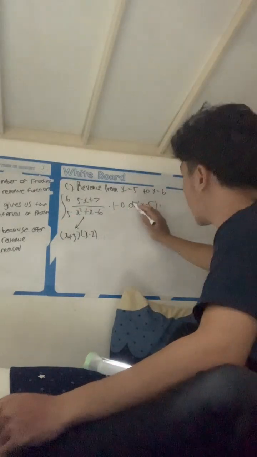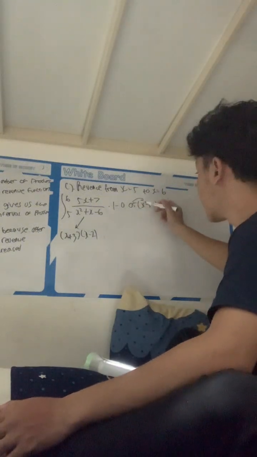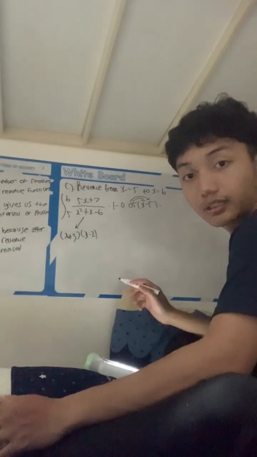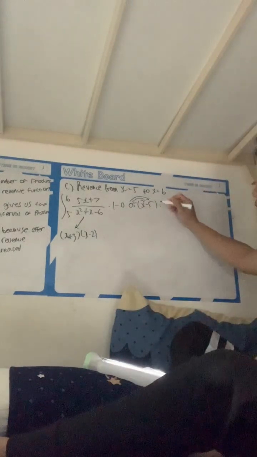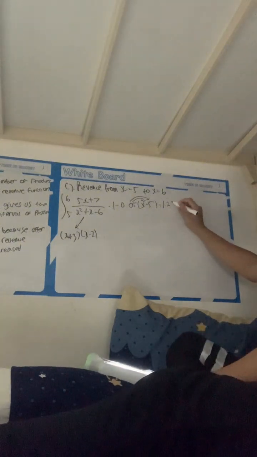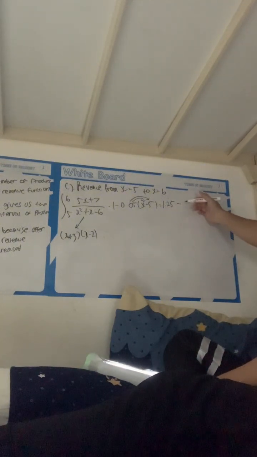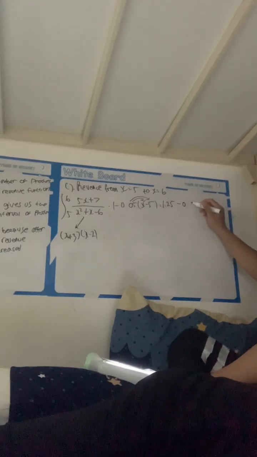We just multiply x times 0.05 times x, and then 0.05 times 5. So this will result in 1.25 minus 0.05x.